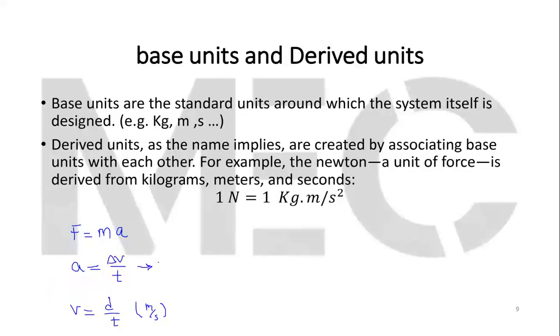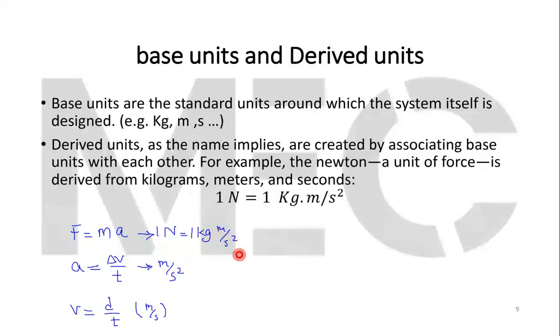So the unit of acceleration is meter per square second. Going back one more step, force is equal to mass times acceleration. Therefore, the unit of force, which is Newton, is equal to kilogram times meter per square second. So this way we can say that 1 Newton is 1 kilogram meter per square second.